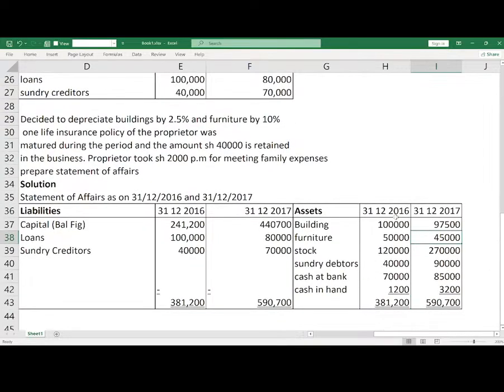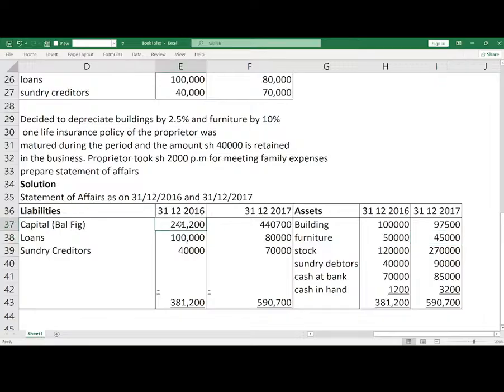So the total of 2016 will be 381,200, and that of 2017, 590,700. You have also to get the total for the liability side. So the balancing figure that you are going to get on the deficit is the one that you are bringing here on the capital side.